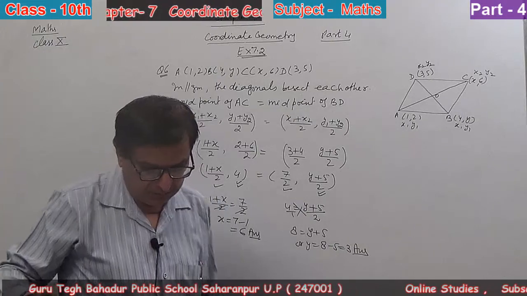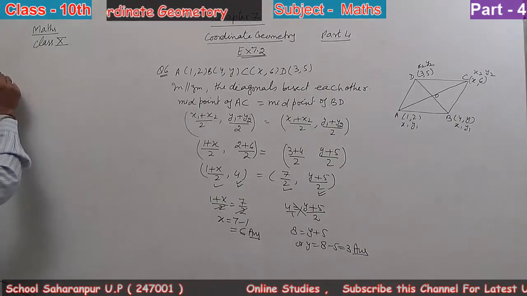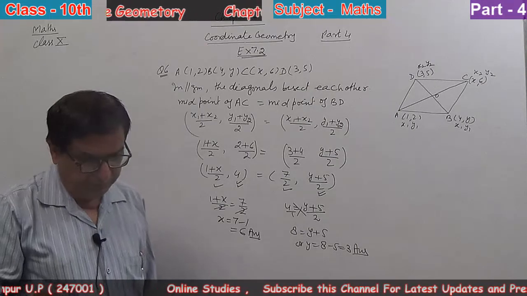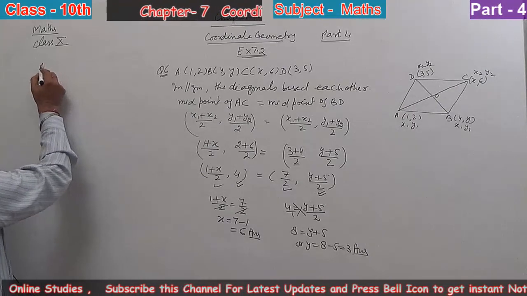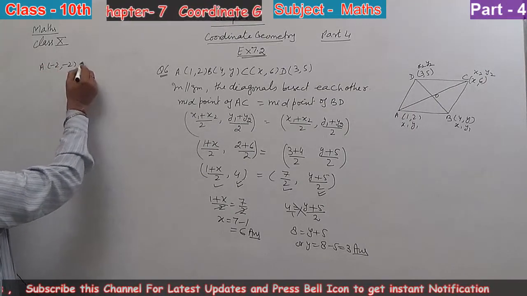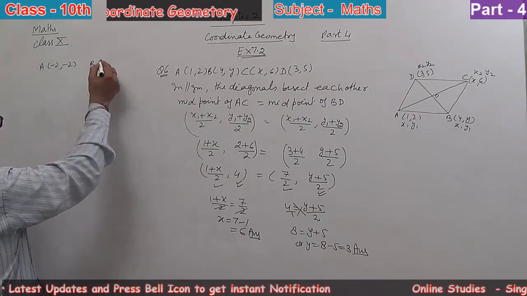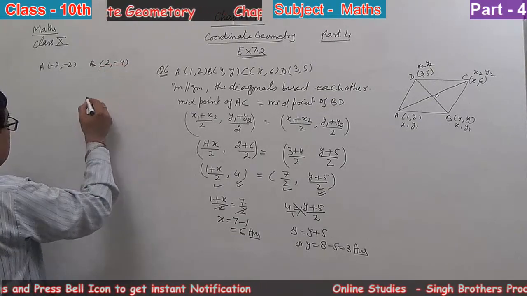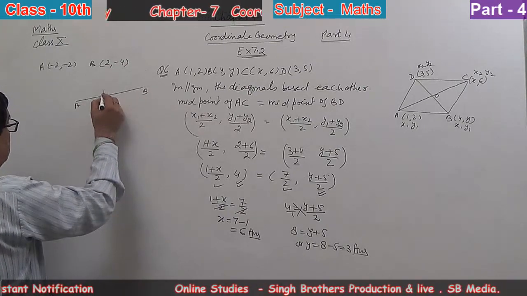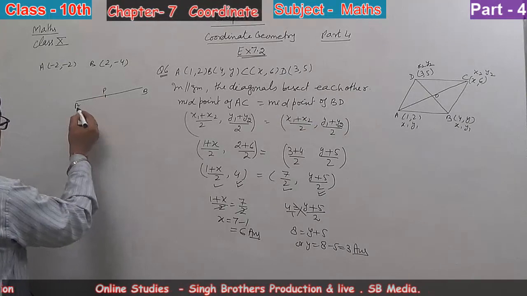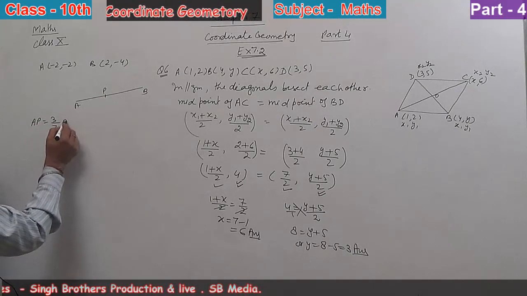See question number 8. A and B are the points. A is (minus 2, 2) and B is (2, minus 4). This is the point A, B, P is this one and AP is given to you as 3 upon 7 AB.